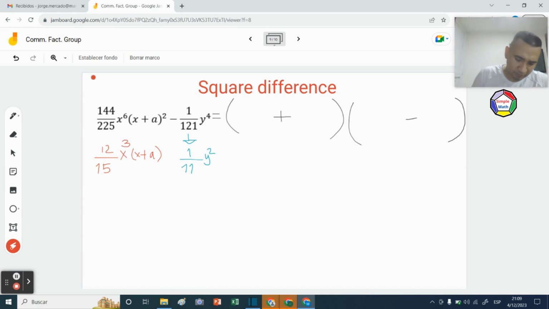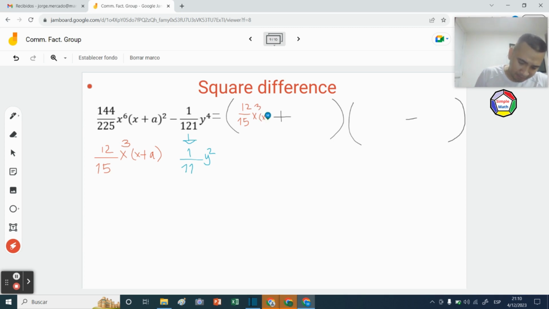So I'm going to write the square root of the first term, which is 12 over 15, x exponent 3, and also the parenthesis, x plus a.